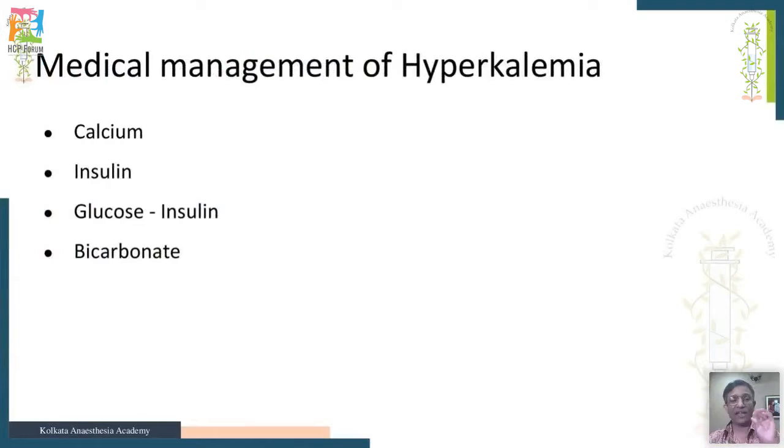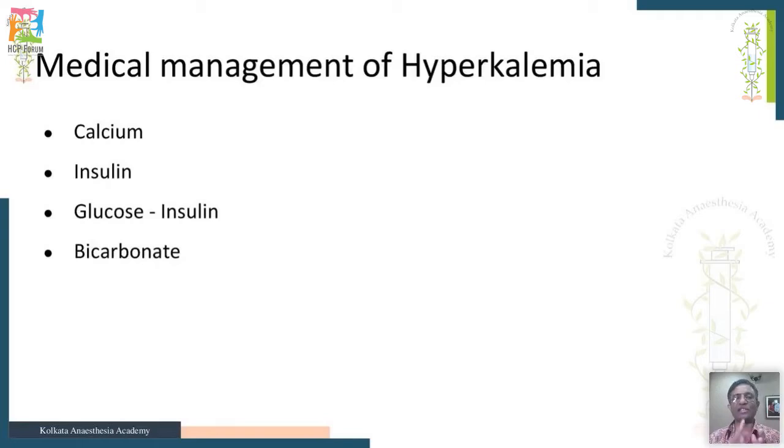Temporary medical management is calcium, glucose insulin, or bicarbonate. I'll just pause here and say, why did I say temporizing management? It is because this will not remove potassium from the body. The potassium stays within the body.